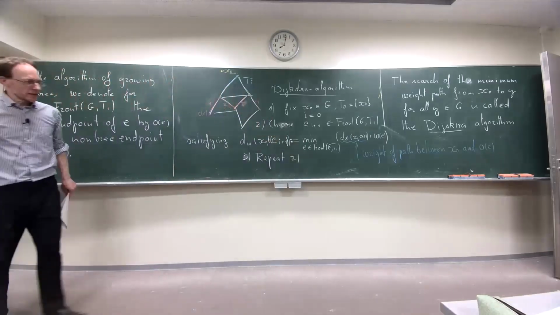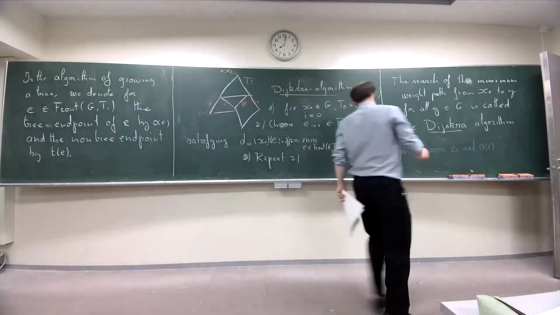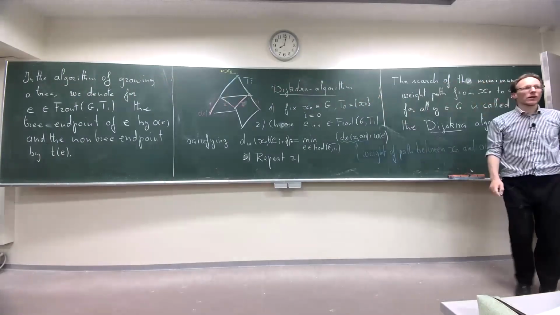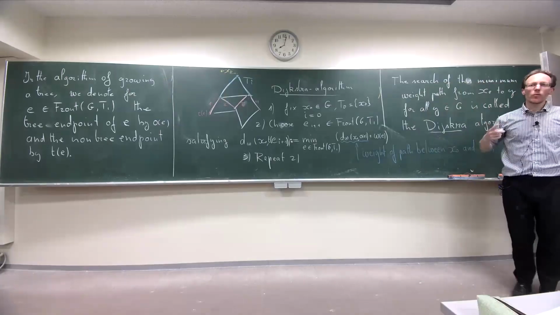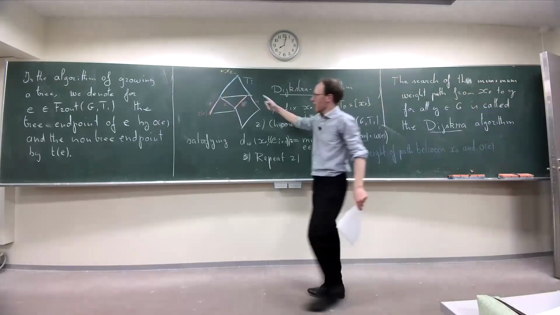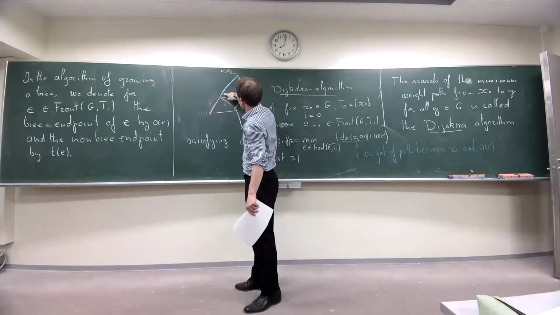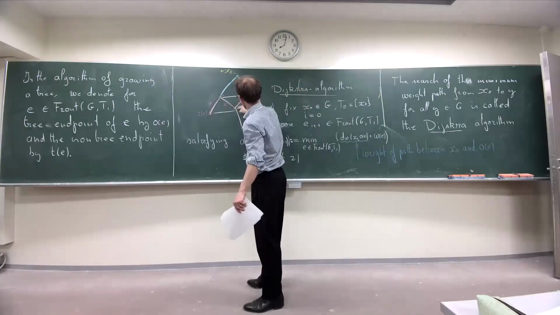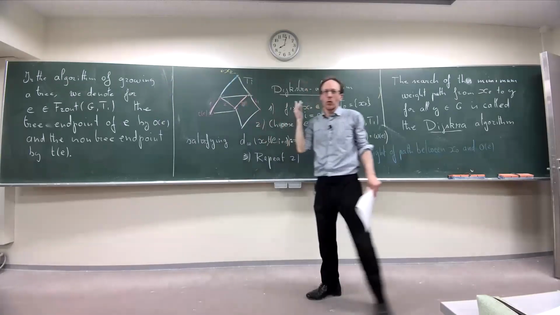But what it means, if you think about it, when you draw this algorithm, you have to compute several things at each step. I compute this guy plus this guy plus this guy plus this one, and this one. So I have to compute 4 things.